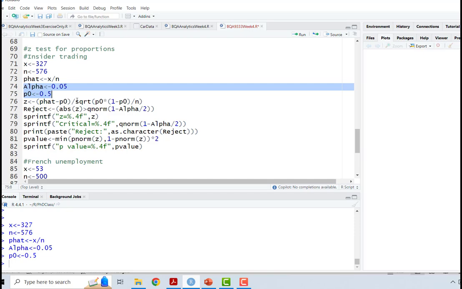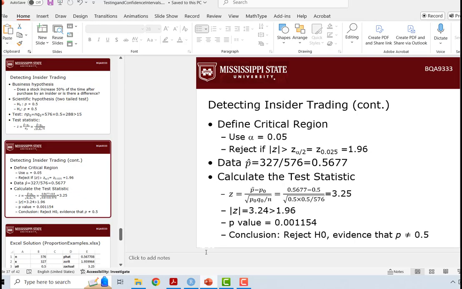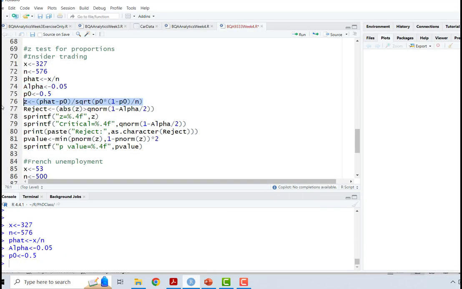And our z value is exactly the same as we calculated in class. It's going to be p hat minus p0. And remember, we're dealing with a null hypothesis distribution. So for the confidence interval, we use p hat and q hat. Here we're using p0 and q0 because they center the distribution. So the standard error on the bottom. And just calculate the z.